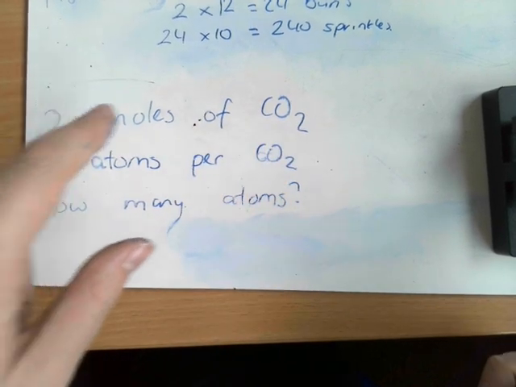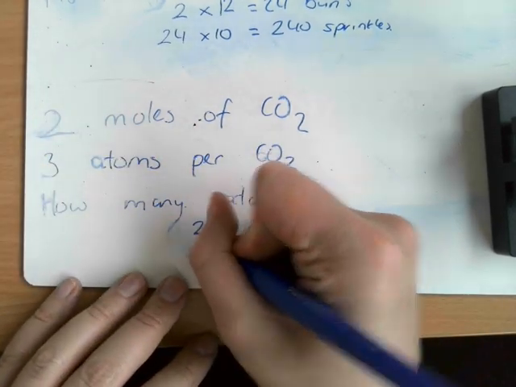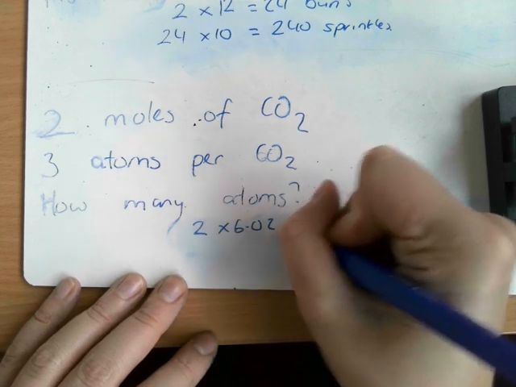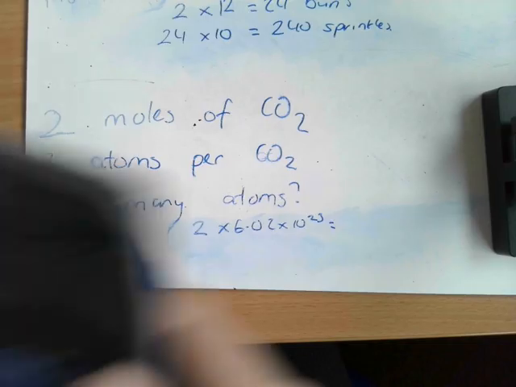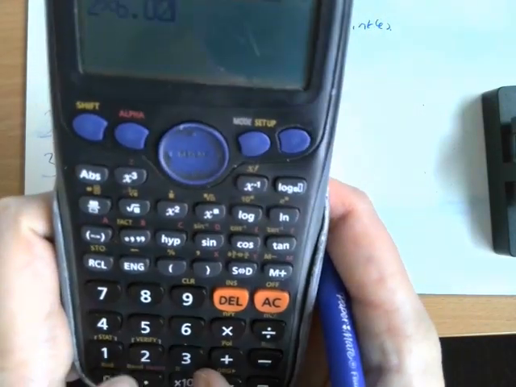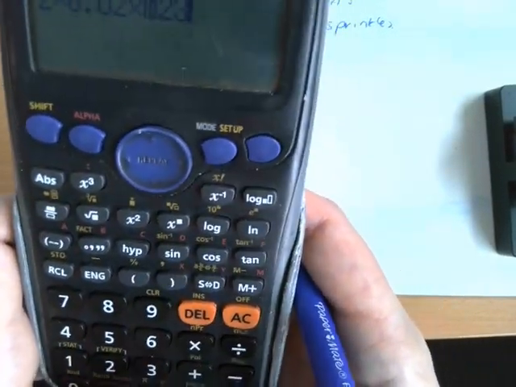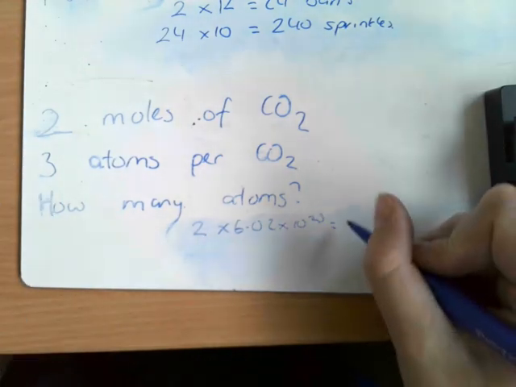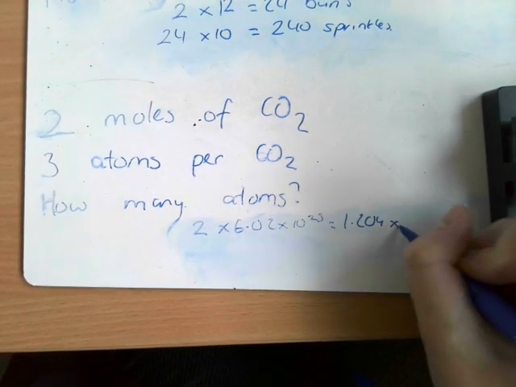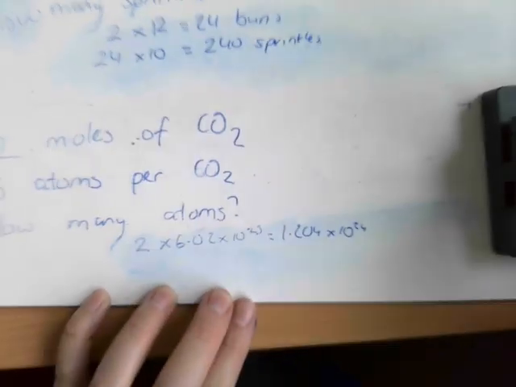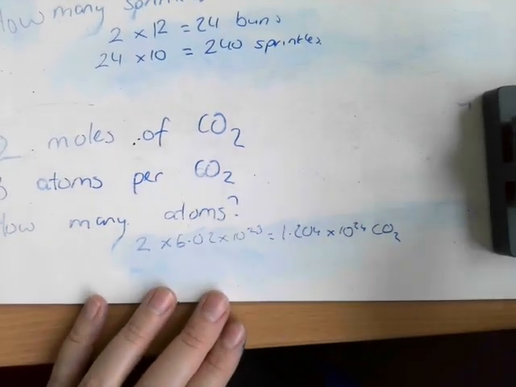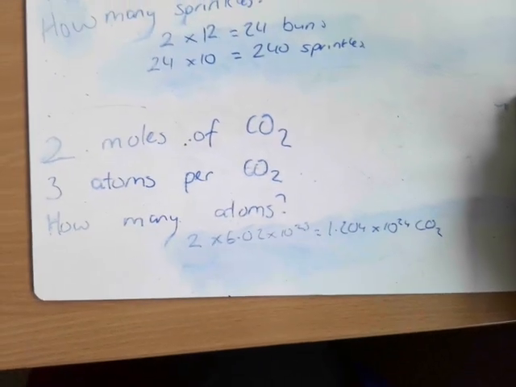So if I've got 2 moles of CO2, mole represents the number 6.02 by 10 to the 23. So I do that on my calculator and I get 2 times 6.02 by 10 to the 23. I get 1.204 by 10 to the 24. So that's how many individual CO2s I have. But I don't want to know how many CO2s I have.